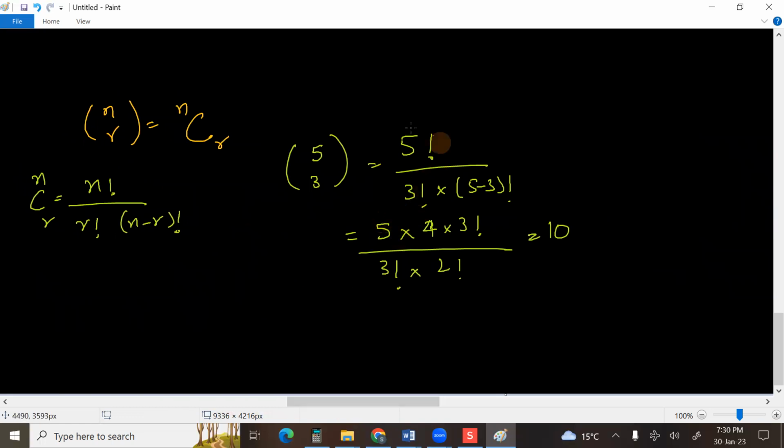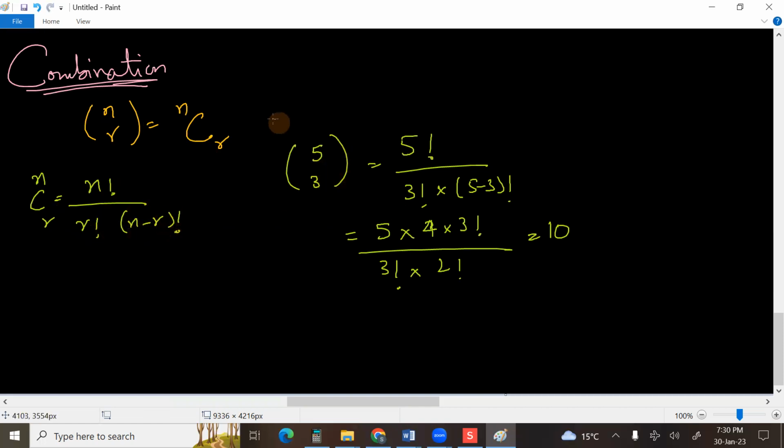Then the application of factorial comes into combinations. This is under the heading of counting principles. It is written in both ways, nCr or the other notation. It's n combination r, and it's defined as n factorial over r factorial times (n minus r) factorial.